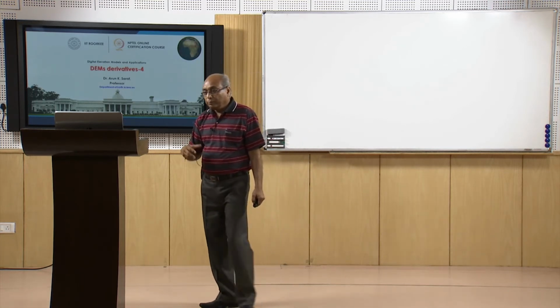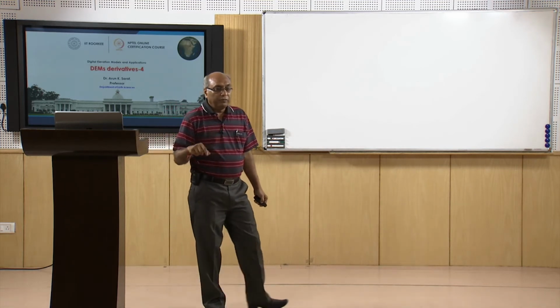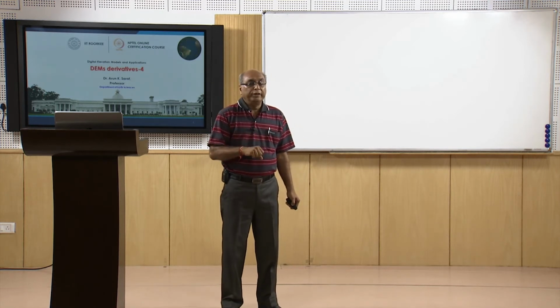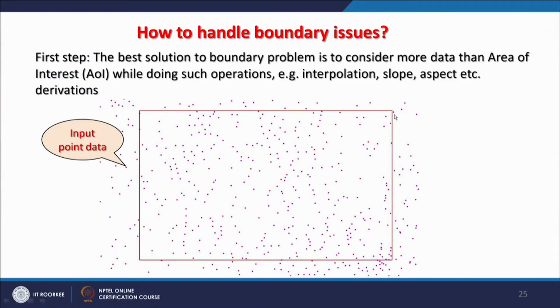So, the best solution to the boundary problem is to consider more data than the area of interest. The extent of the point data should be more than the extent of your area of interest, as shown here, where the point data go beyond my area of interest.